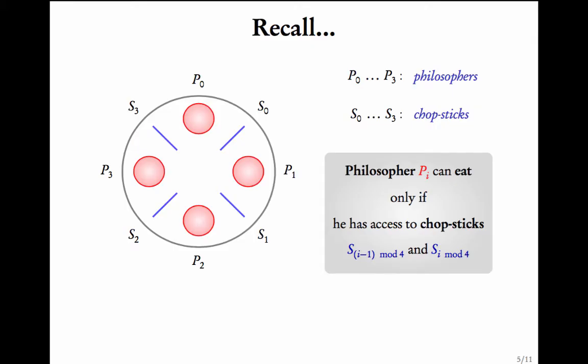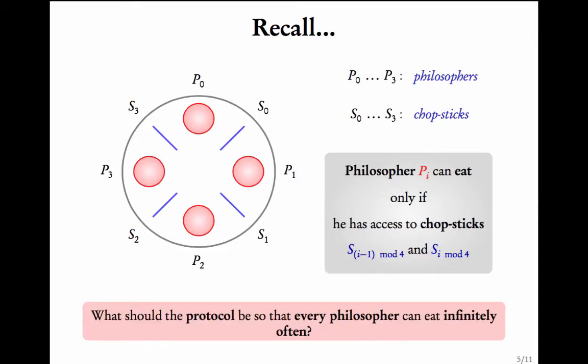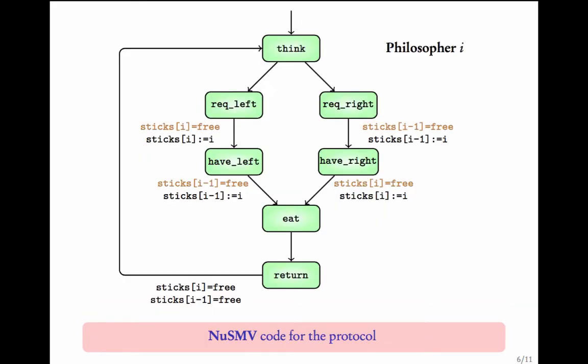The question was, what should the protocol be so that every philosopher can eat infinitely often? This is the question with which we started. We saw an example of a protocol. We wrote the protocol in nuSMV.